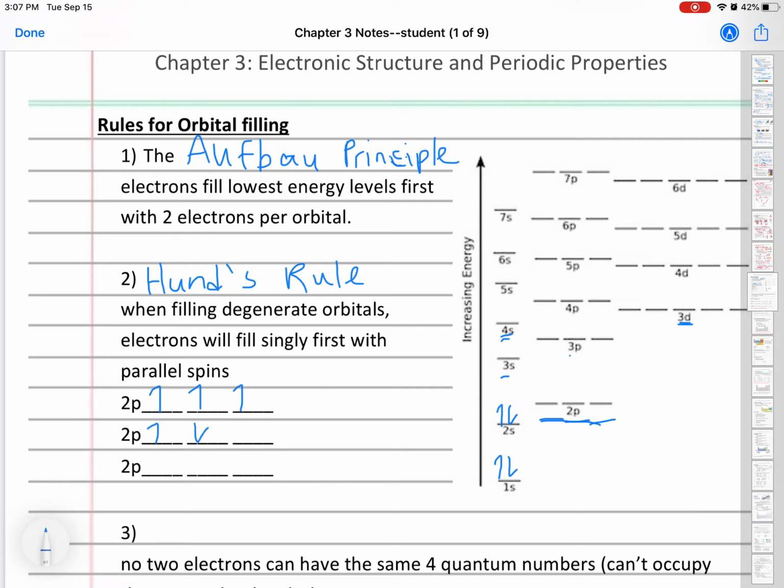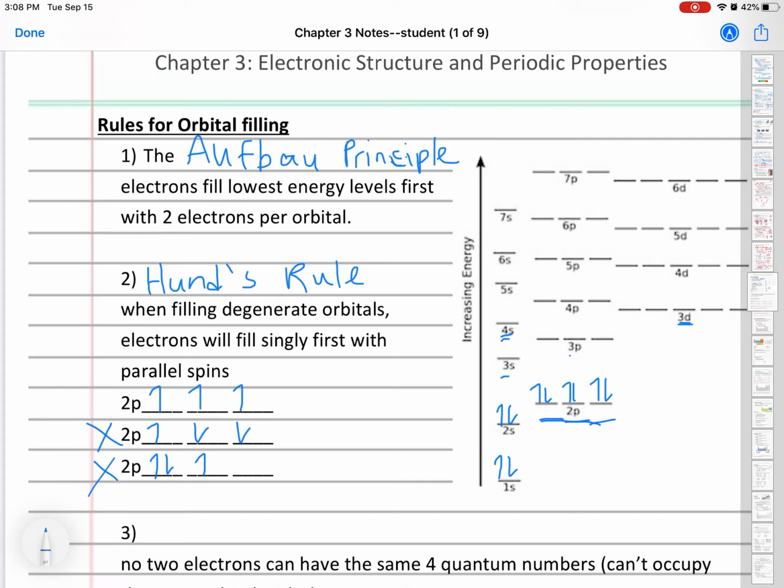Not like this, with opposite spins, and not like this. They won't fill the first one with 2 and then move on to the second one. Those are 2 wrong ways. Hund's rule says they will fill one at a time in the same spin, and then they'll start doubling up till they're full.